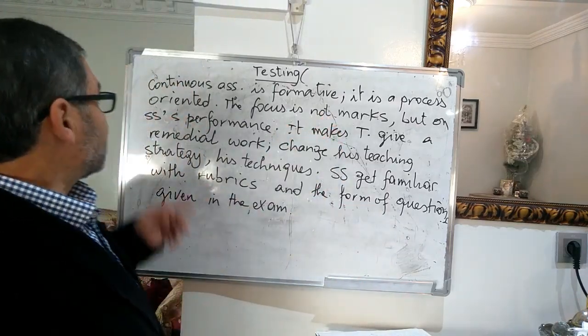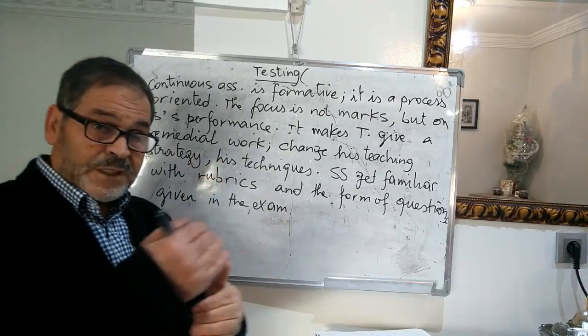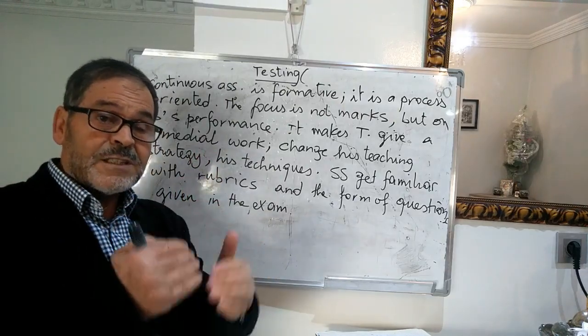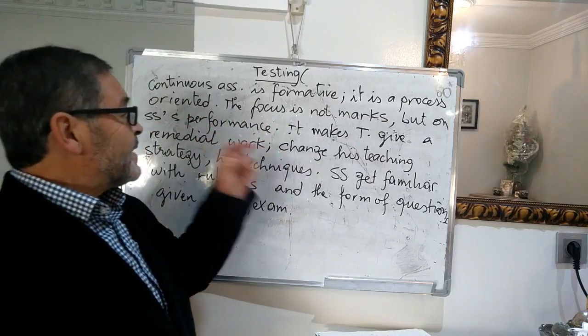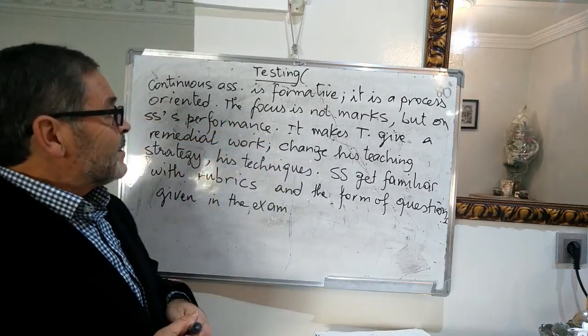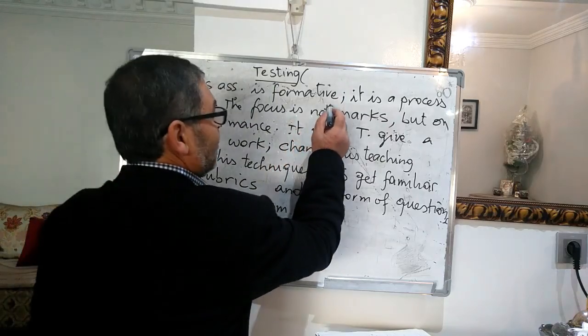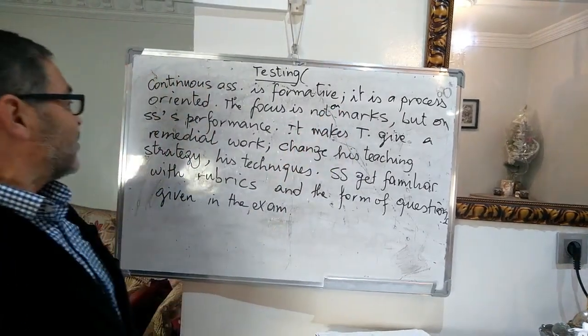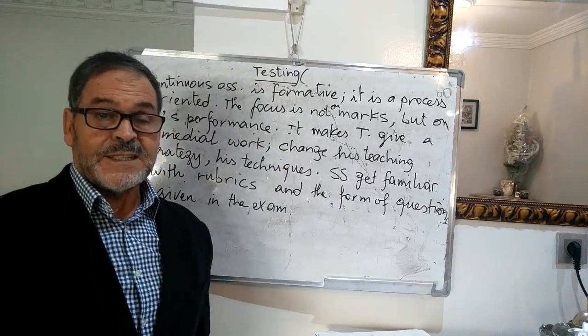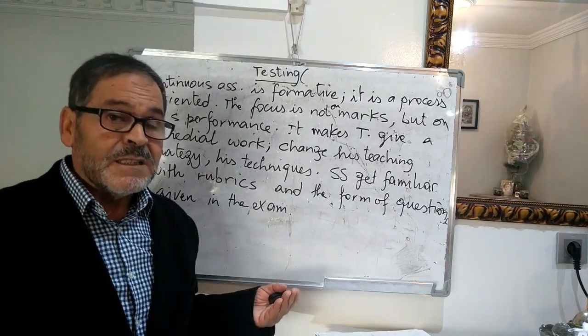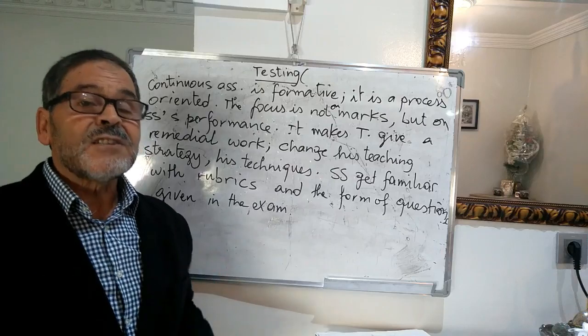It is process-oriented. Of course, there is a process, because from quiz to quiz there should be development. And the focus is not on marks, but on students' performance. What students do in testing, what mistakes they made, and what is their knowledge.